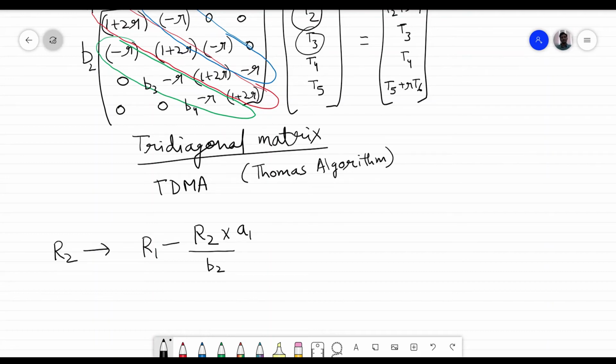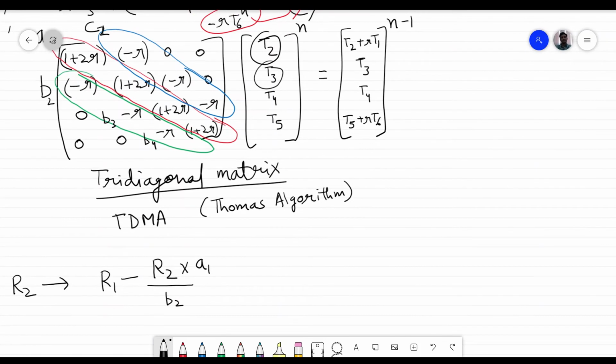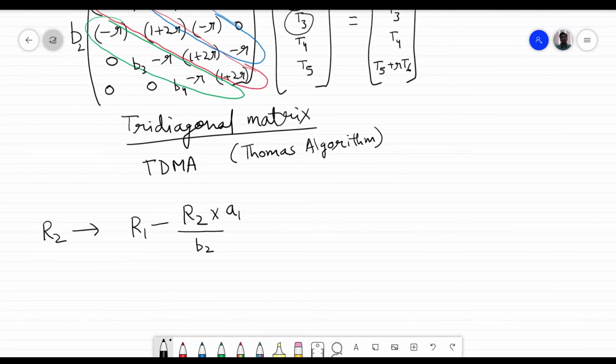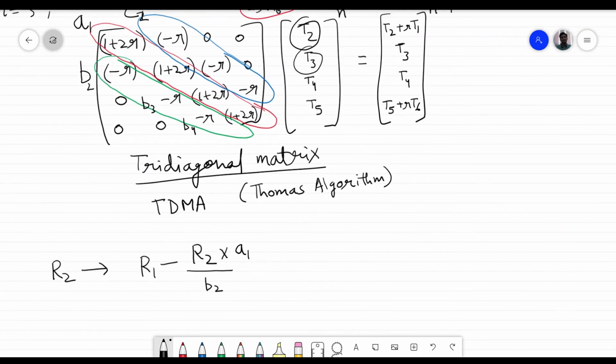So you can write like this: row 2 is replaced by row 1 minus row 2 A1 by B2. And this you have to do on the right hand side as well. That is the rule when you do these kinds of matrix manipulations.